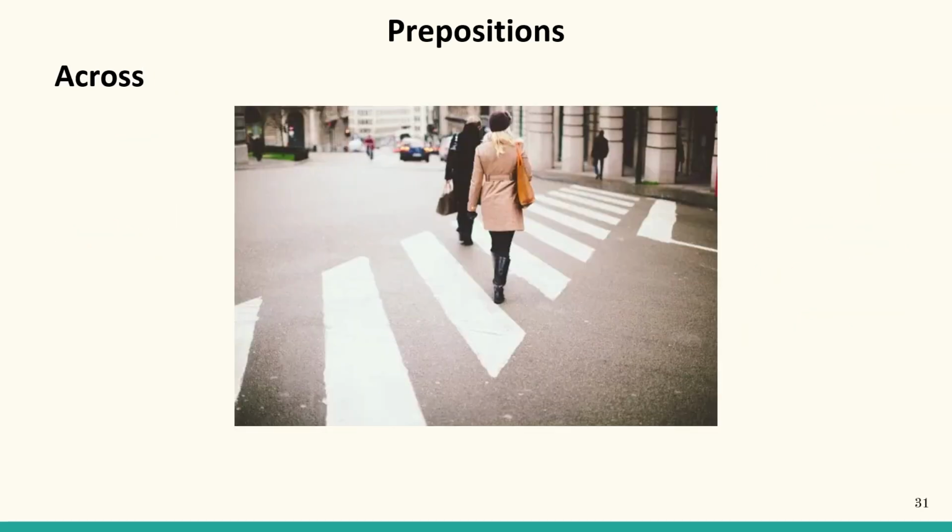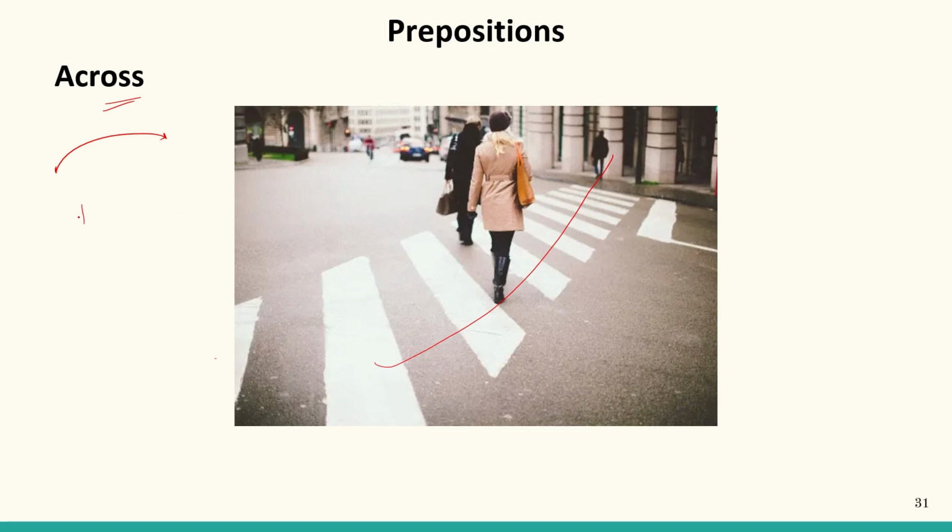Let us see another preposition, that is across. Across is used when something is crossing the path. For example, this girl is crossing this road. When somebody crosses the road, we can say he went across the road or she went across the road. So across is used basically to cross something.